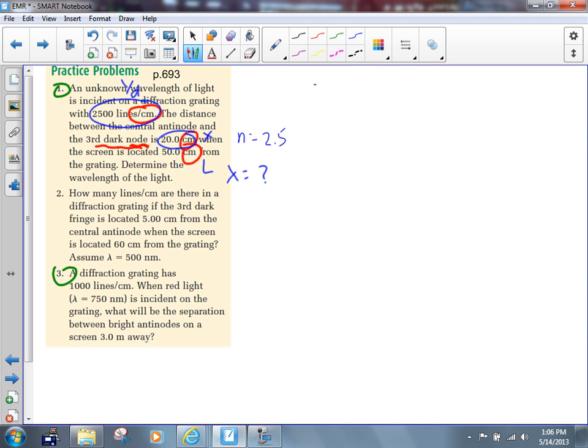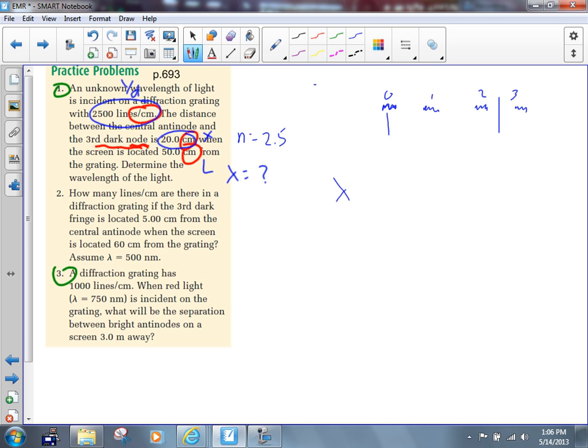Draw it out if you have trouble visualizing that. This is the central max, first order max, second order max, third order max. We're going from the central antinode to the third dark node, which would be right here, third dark spot. Of course, we're going from 0 to 2.5, so n would be 2.5.